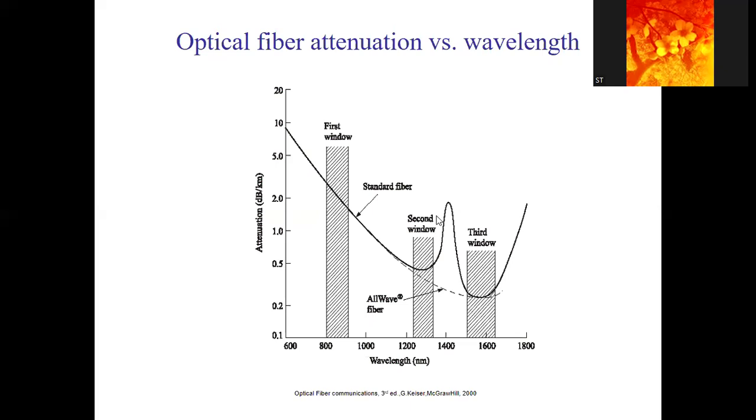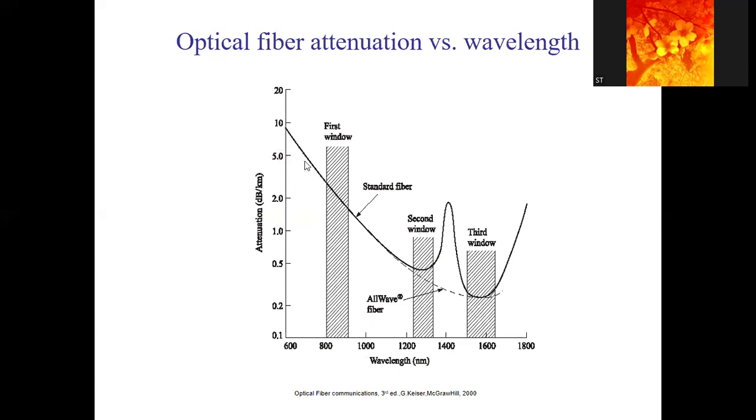So this is the graph between the attenuation and wavelength. Here you can see what is written: first window, second window, and third window. This indicates the transmission window for optical fiber communication.